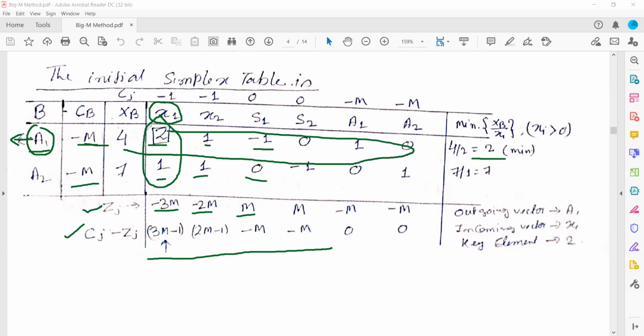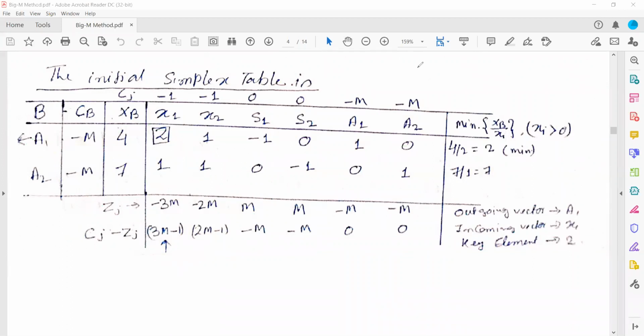This is your key row and this is your key column, and they are intersecting at 2. So this 2 is called the key element. Your outgoing vector is A1, incoming vector is X1, and key element is 2. Now the same process will follow in the next simplex table.